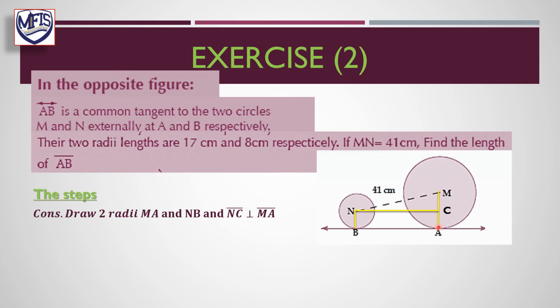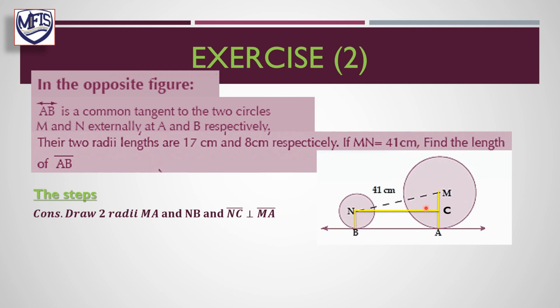Now I have two radii and a common tangent. Therefore, the two radii are perpendicular to the tangent AB. Now I have measure angle A 90 and measure angle B 90 also.